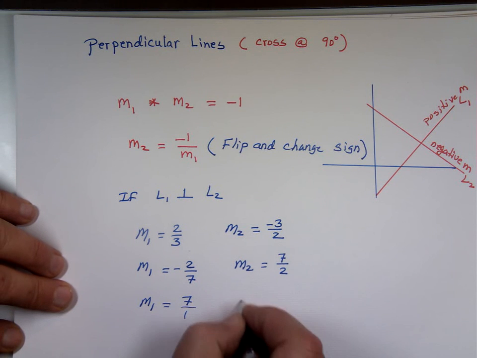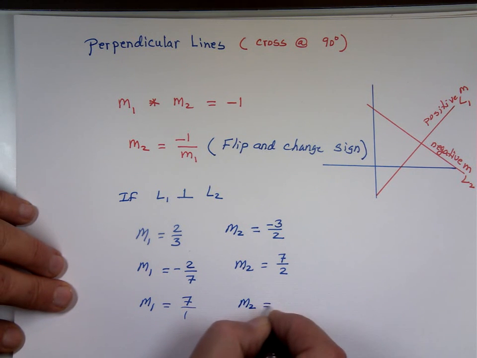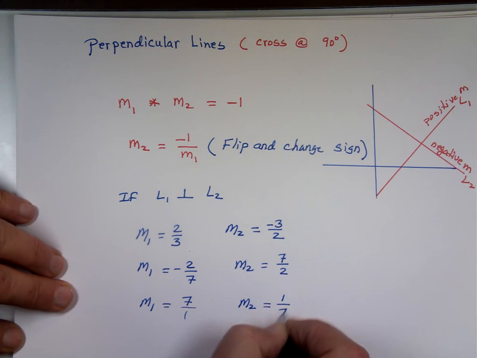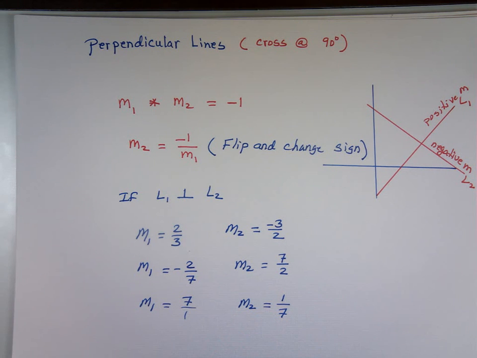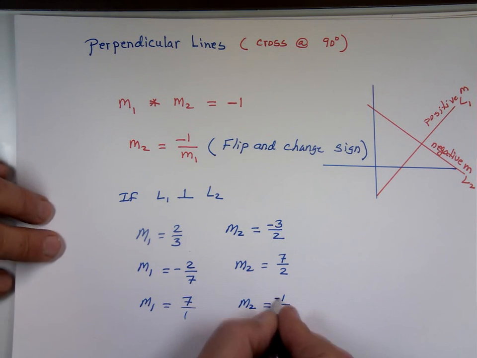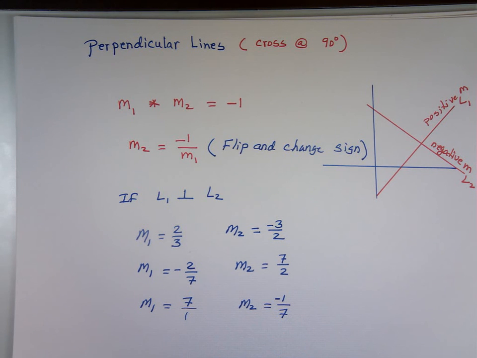Line 2, flip and change the sign, which is what? Negative 1/7. Thank you. And there's more on the next video since I screwed up, because we cover this in detail, more detail than this video on the next one. So I'll stop here.